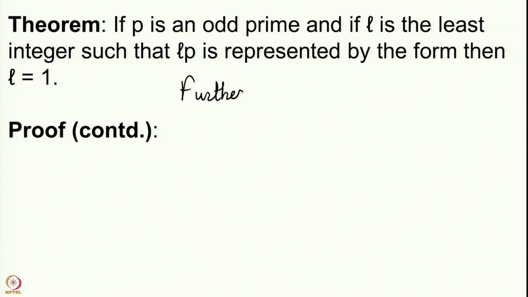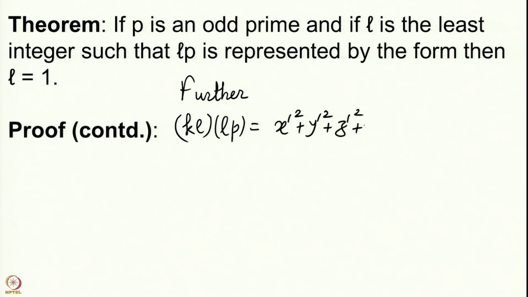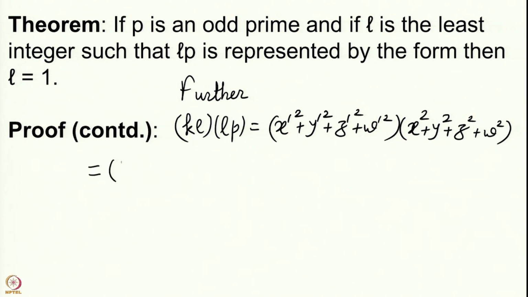Further, kL into LP, which is really x prime square plus y prime square plus z prime square plus w prime square into x square plus y square plus z square plus w square, has to be represented by the form again, and we will write this explicit formula.